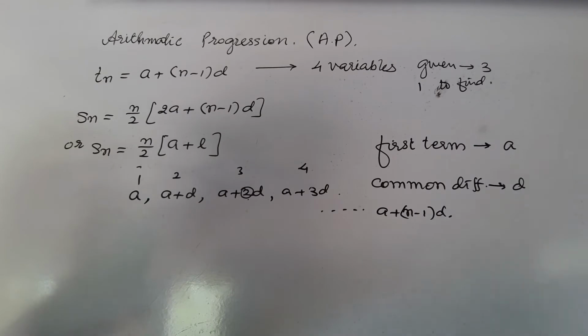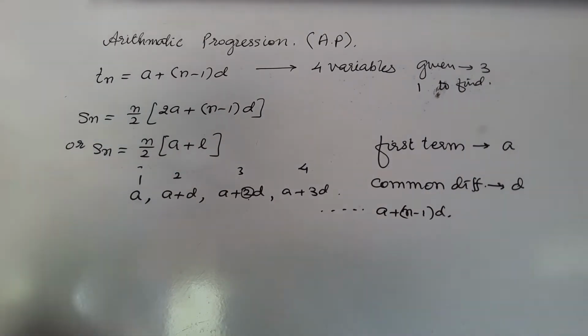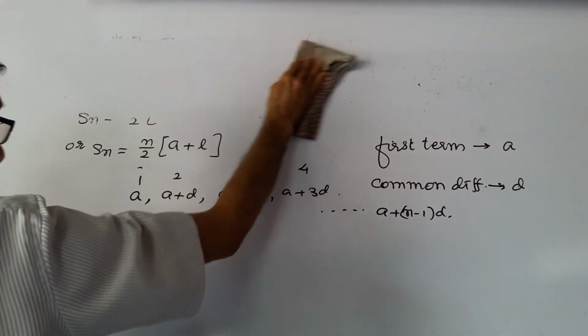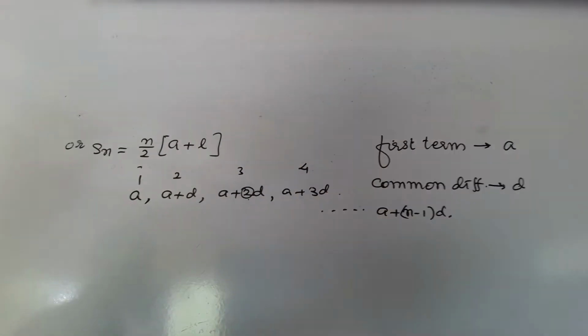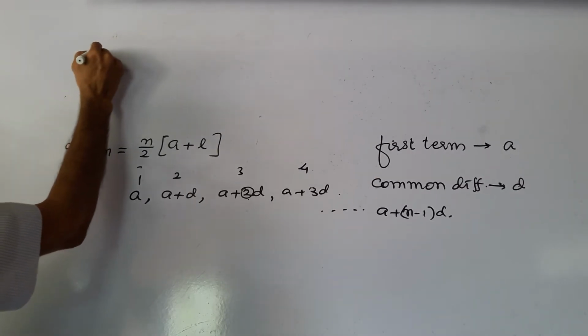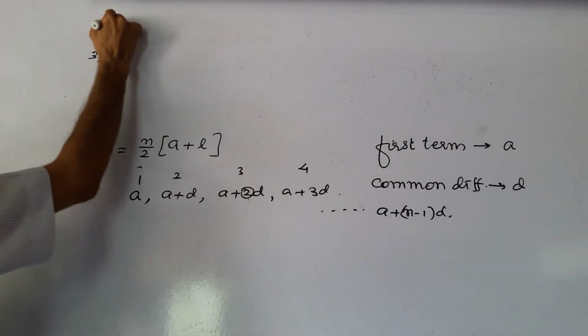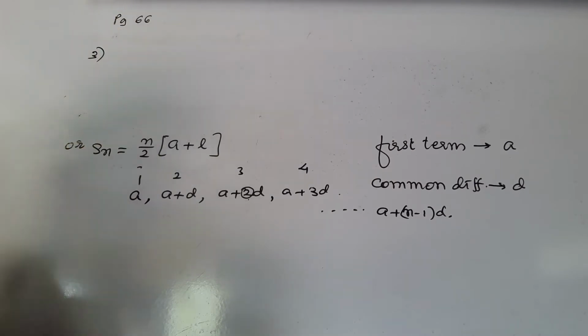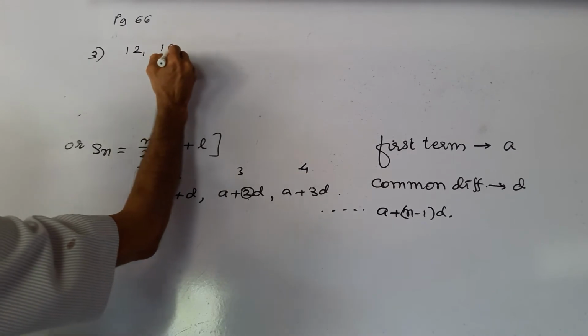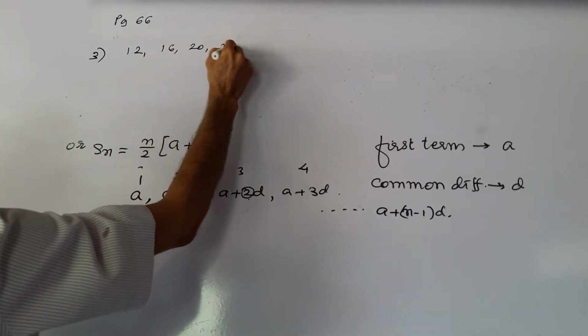On page 66, practice set 3.2. So let us take 3.2. Third sum, page 66. Here the given arithmetic progression is 12, 16, 20, 24, and so on.